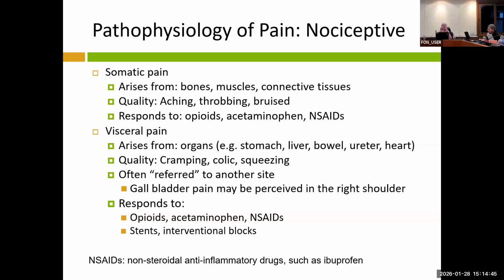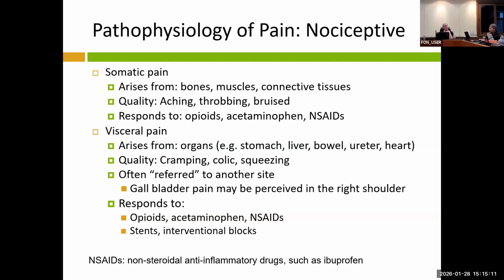What you might be more familiar with for referred pain is a heart attack. With a heart attack you often feel it in the arm. The same sort of thing happens with cancer, with the visceral pain. So here again, it responds to opioids, acetaminophen, NSAIDs.